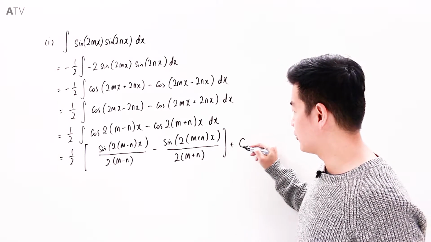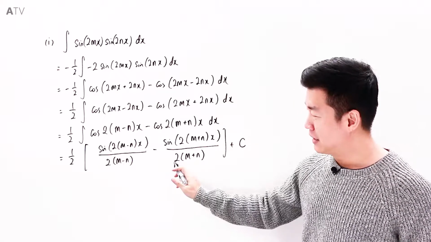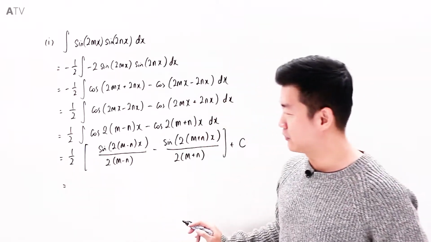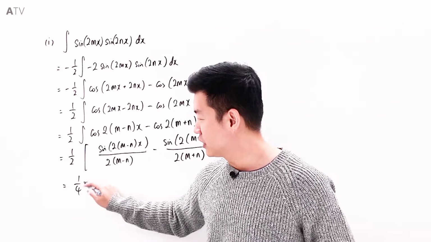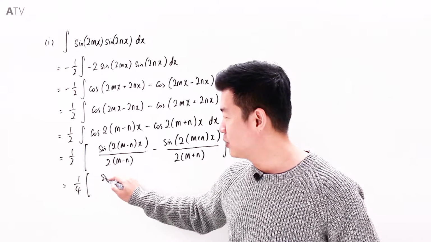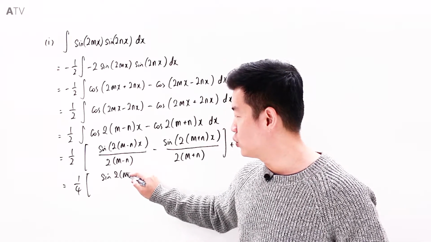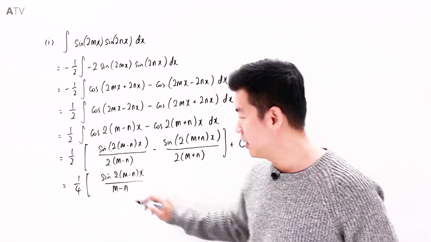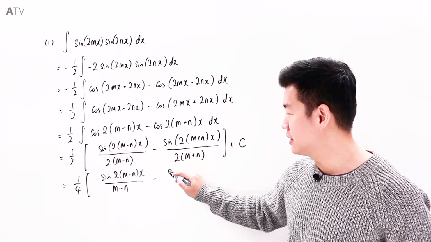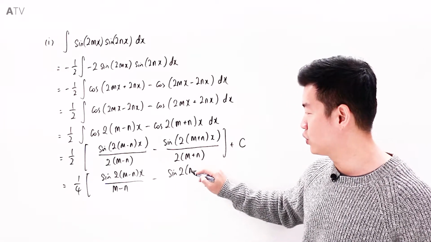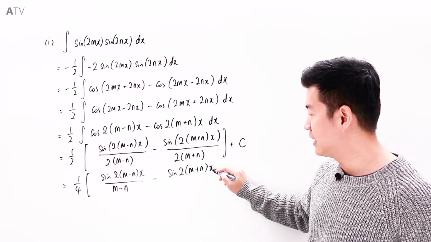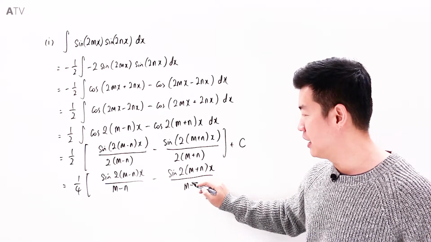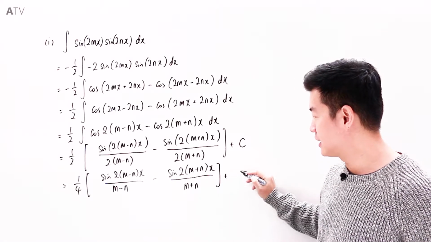And this, let's not forget, plus c. Let's factorize out half, so I will have a 1/4. So my final answer will be sin(2(m - n)x) divided by (m - n), minus sin(2(m + n)x) divided by (m + n), plus c.